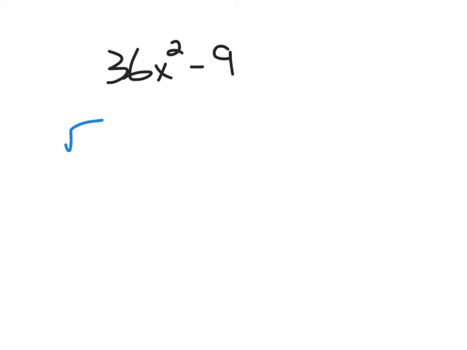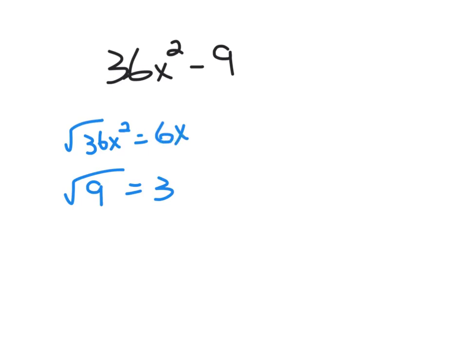The square root of 36x squared equals 6x, because 6x times 6x is 36x squared. And then the square root of 9 equals 3. So yes, this is the difference of two squares. So then we could take the square roots, and it's 6x plus 3 and 6x minus 3.